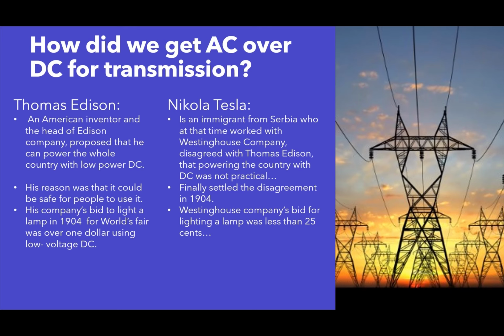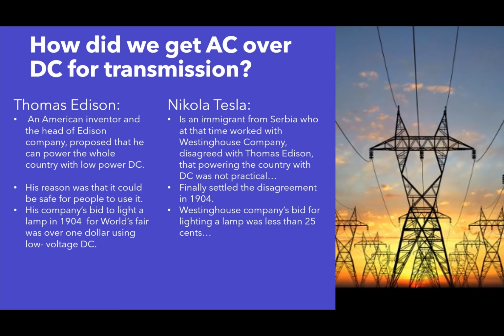Then in 1904, there was a World Fair going on, so his company bid to light a lamp for a little over $1 using low voltage DC. For each lamp, he would charge a little over $1 using his low voltage DC power.